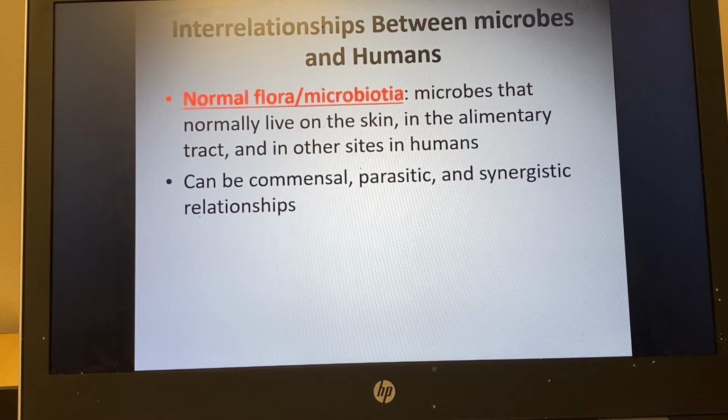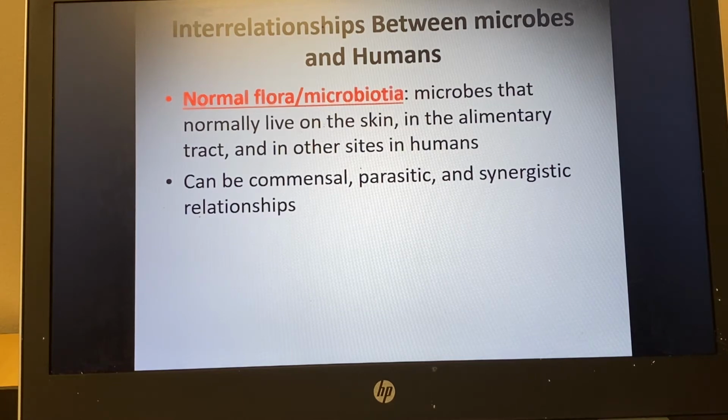It just means microbes that are normally on your skin, in your gut, and other sites that aren't sterile, and they're there for the long term. They can certainly fluctuate in your lifetime with things like hormonal changes like pregnancy, and maybe if you're sick, they change a little bit. But normally these are organisms that are in and on you the entire time.